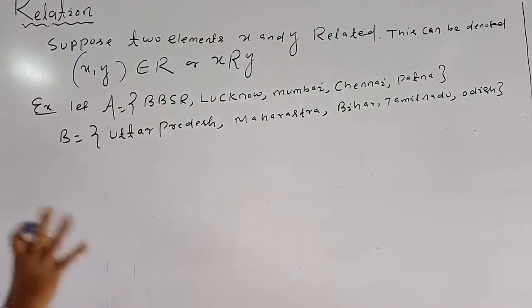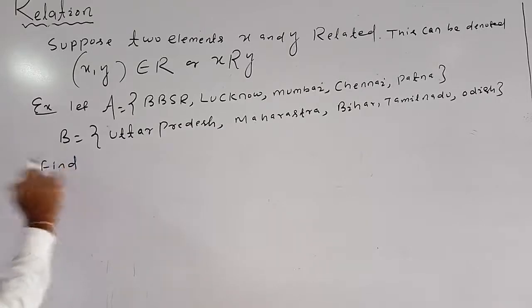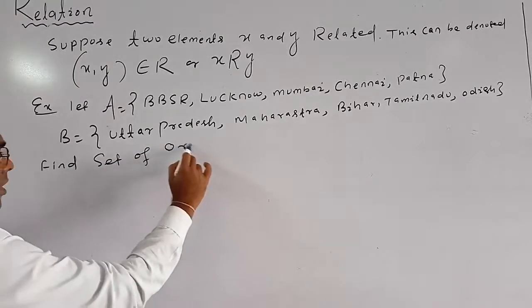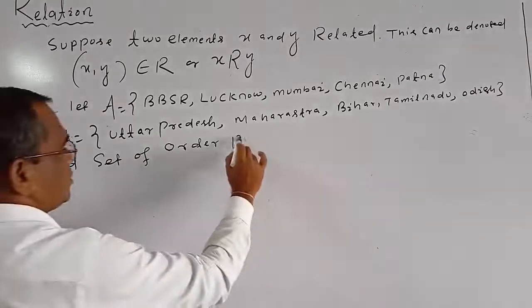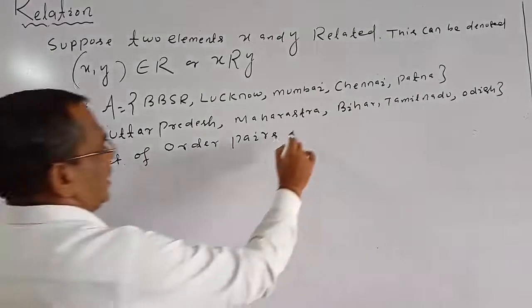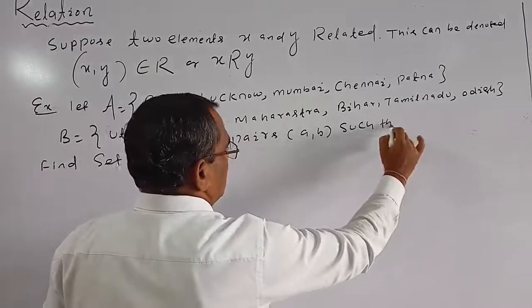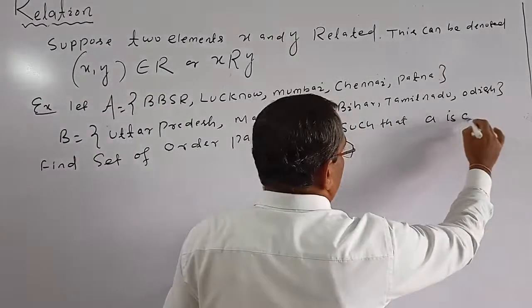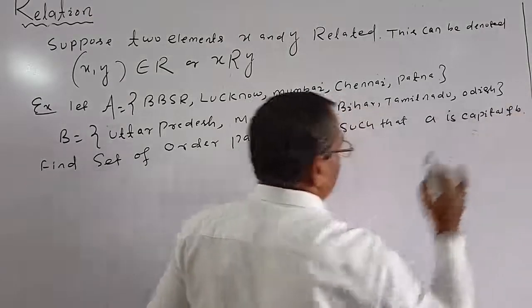Now we find some ordered pairs such that: find the set of all possible ordered pairs (a, b) such that a is the capital of b.